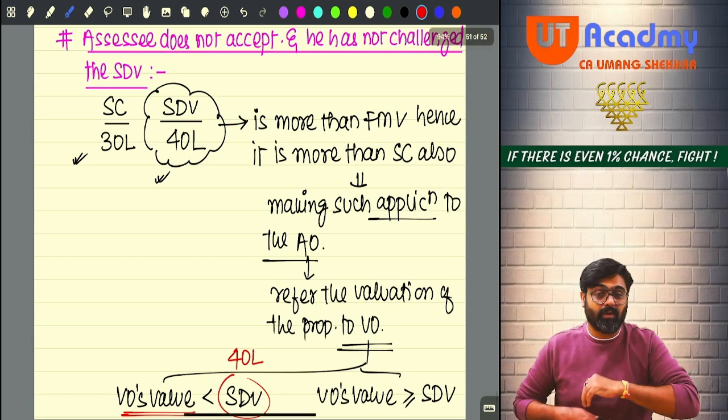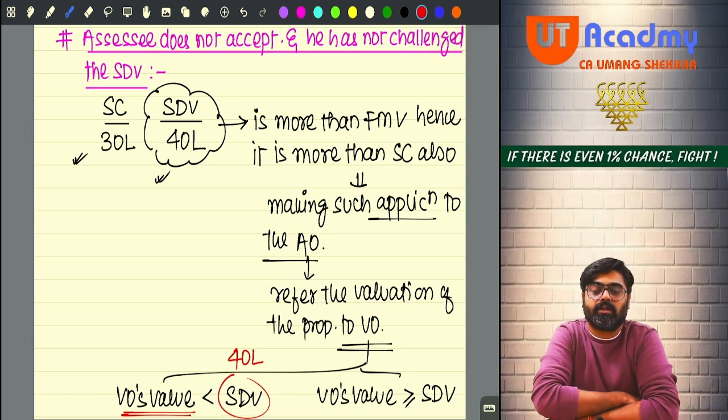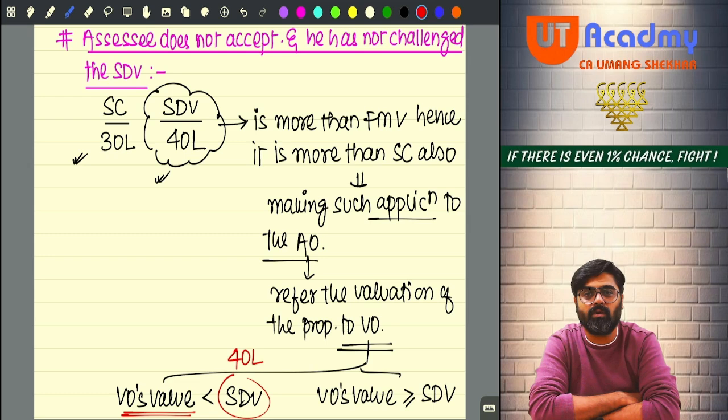If the stamp duty value is neither accepted by you nor challenged by you in the court, but you are making an application to the AO that the fair market value of my property was lower than the stamp duty value, and as a result my sale consideration is also lower than the stamp duty value.